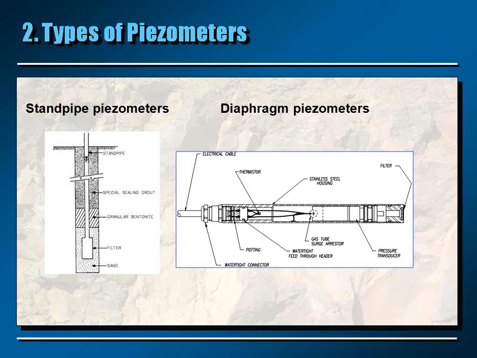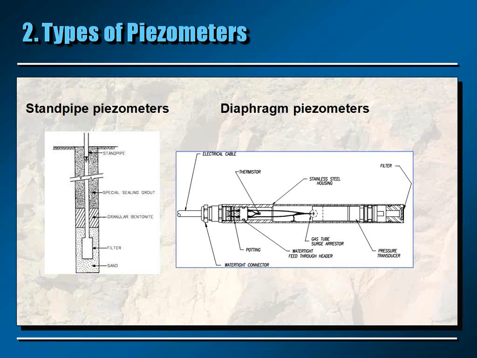You will note that in that case the installation is really important. It's important to isolate the zone where we want to measure the pore pressure. We normally do that by making a plug just above the filter. This plug normally consists of bentonite.